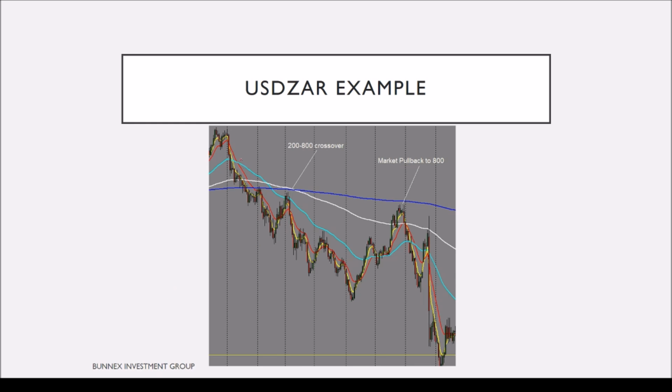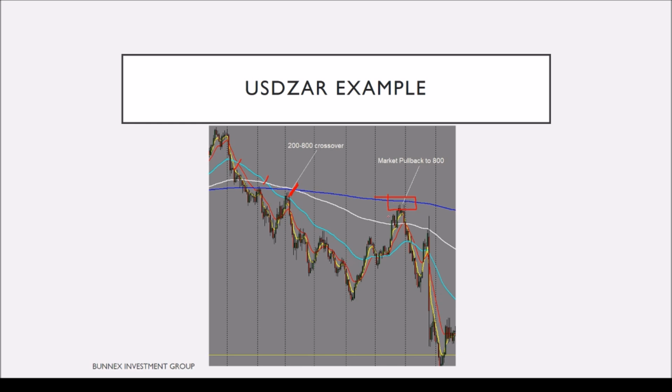Yes, of course, we had the 13-50 crossover, right, which was then cancelled at this point, since we had a crossover of the 200-800. After that 200-800 crossover, the market came back to the bigger EMA, which is the 800.